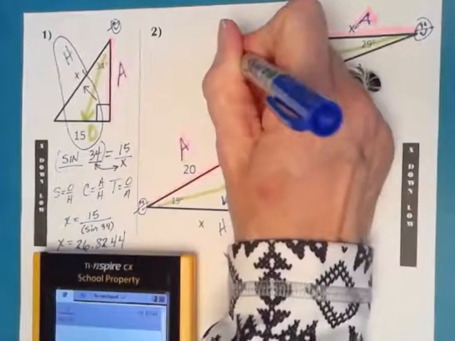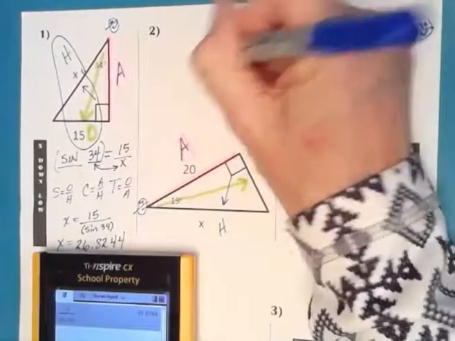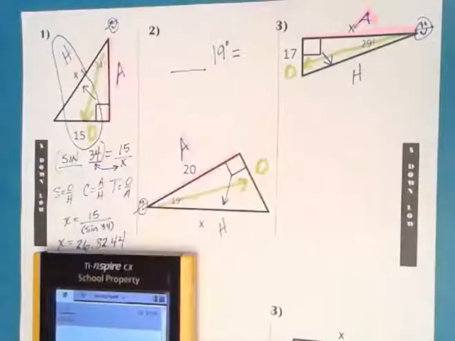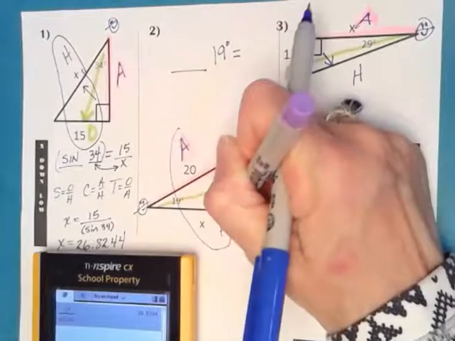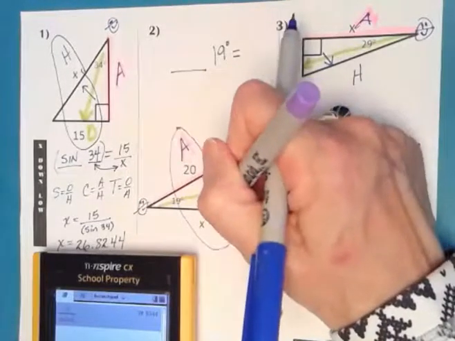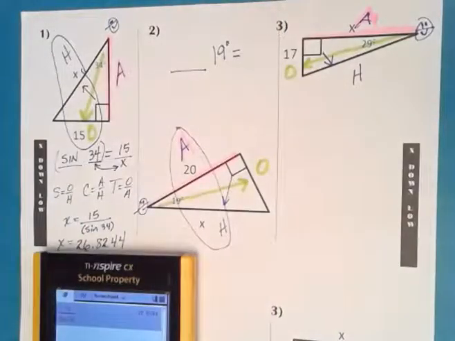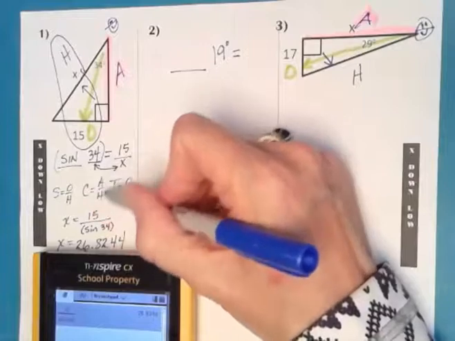Equal sign first. Your theta angle where you're standing is 19 degrees. We're going to have to use something that has our adjacent and our hypotenuse, because this is the only length we know, and this is the length we have to know. So, adjacent and hypotenuse, A and H, that's a cosine problem.